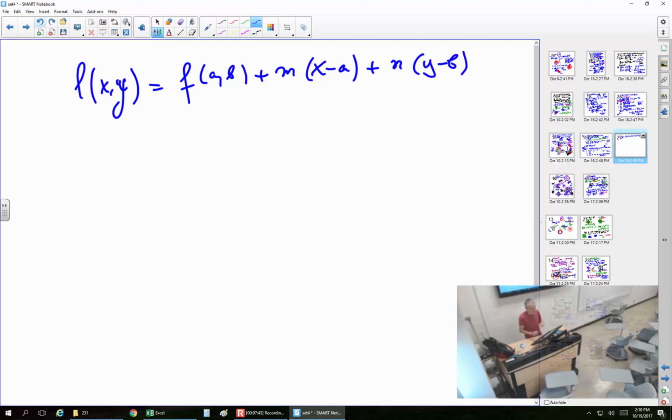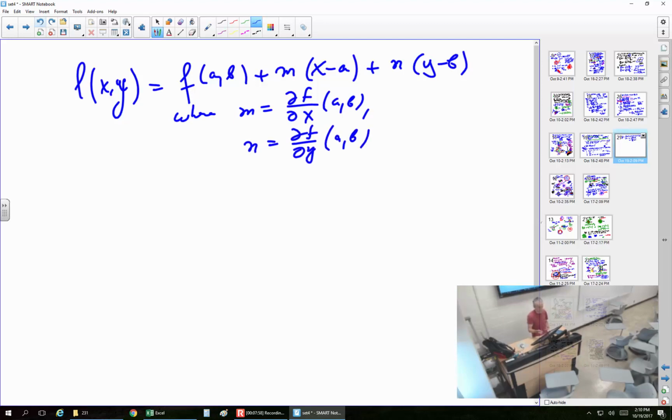Okay, so that is a linear approximation of the function with m equal to the partial derivative with respect to x at that point, and n the partial derivative with respect to y at that point. Okay, so that's a linear approximation at that point.